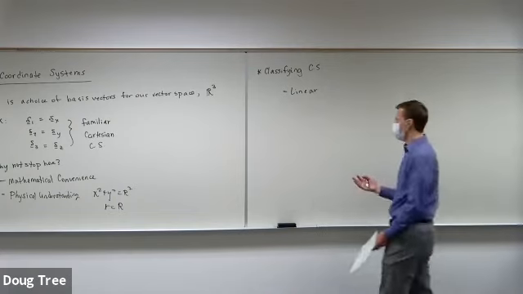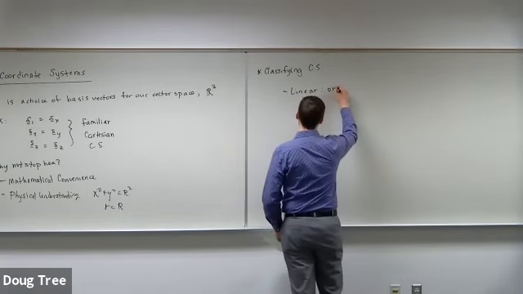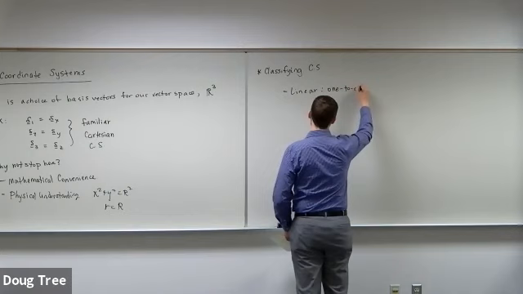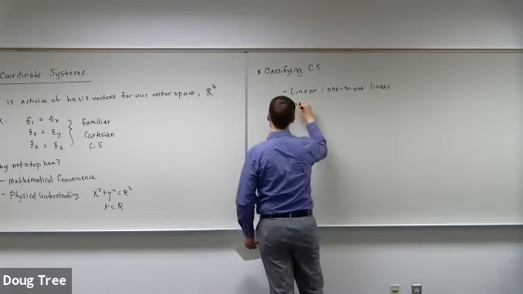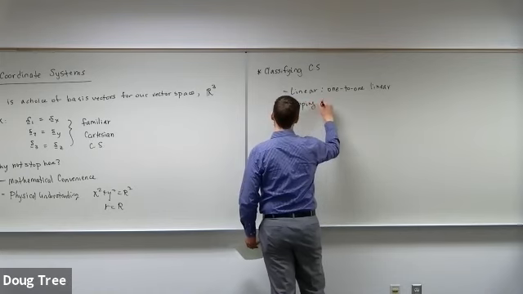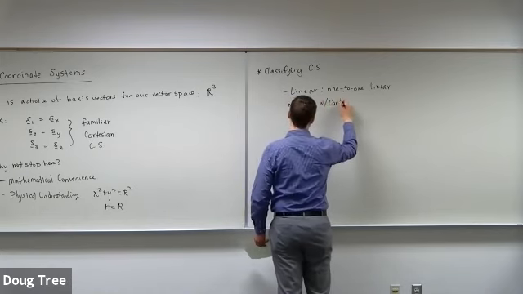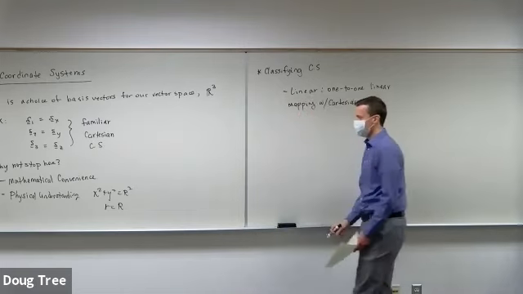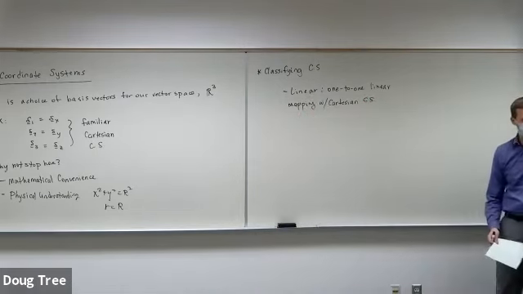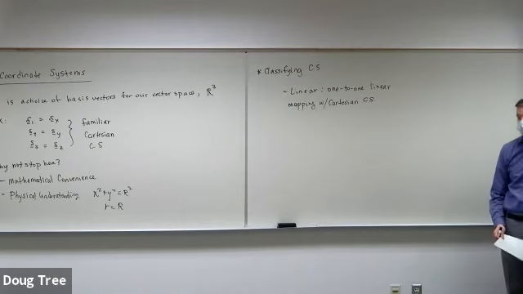So I'll write that out: one-to-one linear mapping with Cartesian. We'll actually see how that manifests, and you can see that in your book, what I pointed out to you, hopefully becoming more clear.